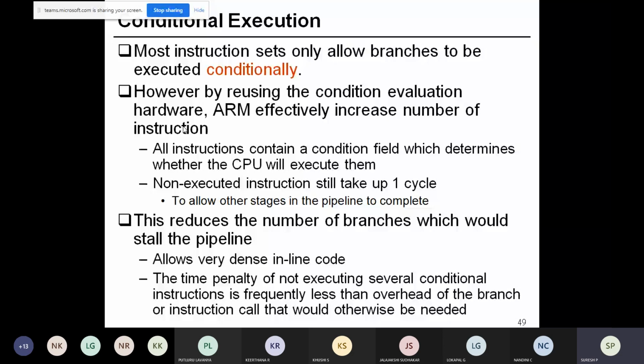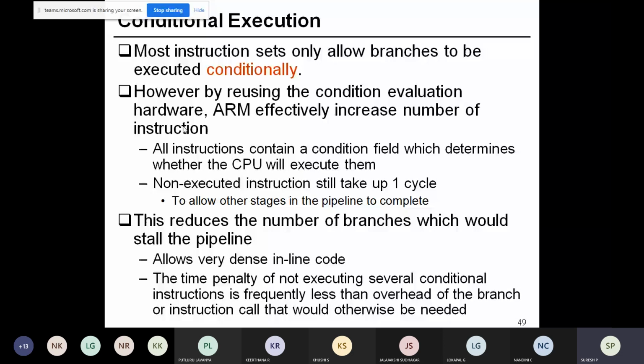If you have some dependencies, that instruction won't be executed, because it wants data from the previous instruction. Since the previous instruction is not completed, I am not going to get the data, so I have to stop. If you are stopping, you are consuming some clock cycles. For that reason, it allows other stages in the pipeline to complete.